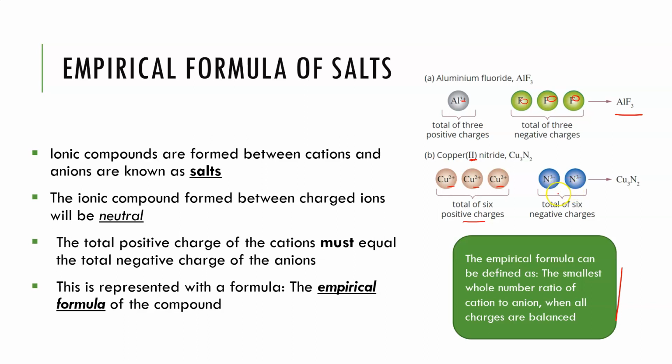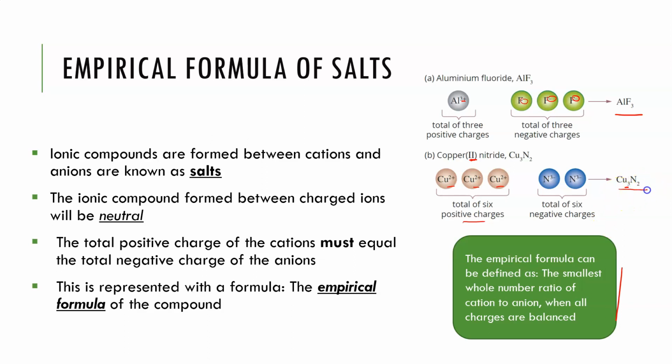So when it forms an anion, it forms -3 anions. So that 2 lots of -3 gives me a total of 6 negative. So 6 positive plus 6 negative is going to give me neutral overall. So I can see I have 3 coppers indicated by the subscript here and 2 nitrogens.